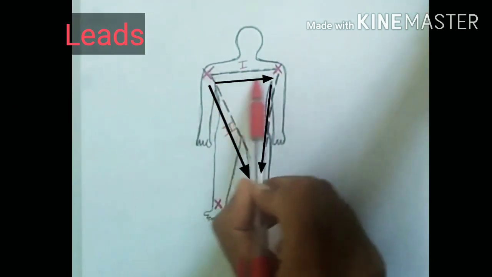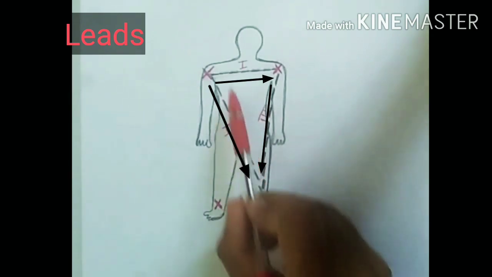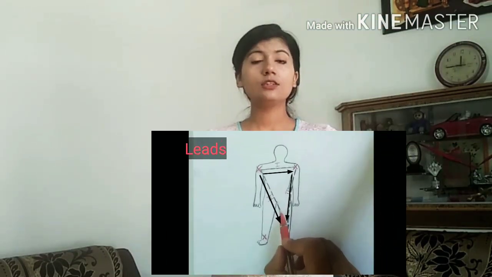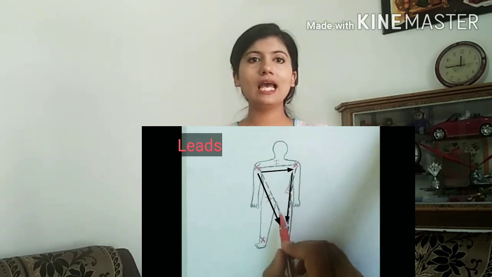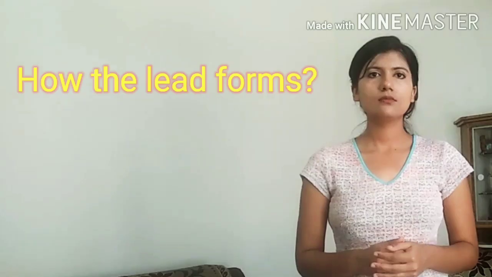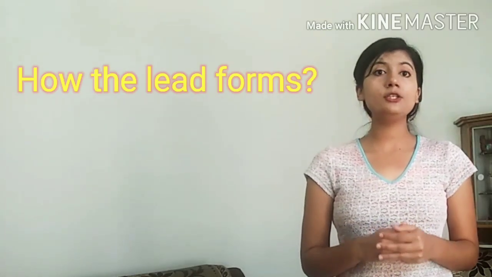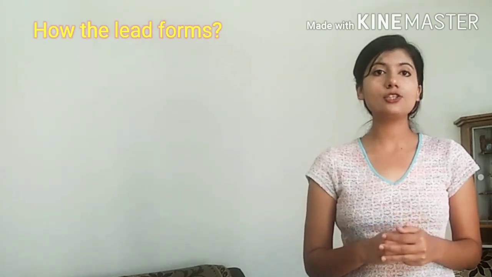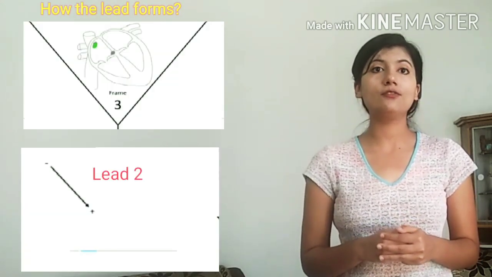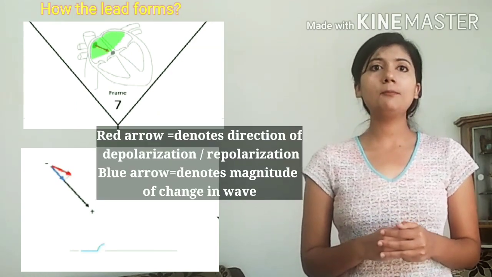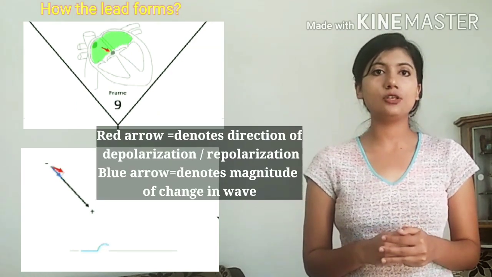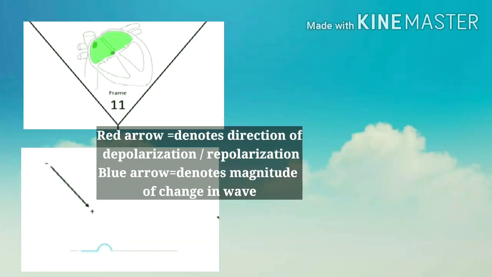Here we can see there is a triangle in between. This is known as Einthoven's triangle. In the diagram, the arrowed part of the lead represents the positive terminal of the lead, and the other side of the lead represents the negative terminal. The important point to be noted here is that if the direction of the depolarization wave of the heart is towards the positive terminal of the lead, it will produce a positive deflection, and vice versa.